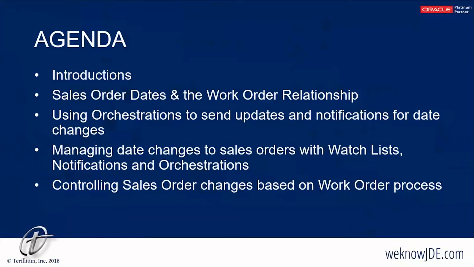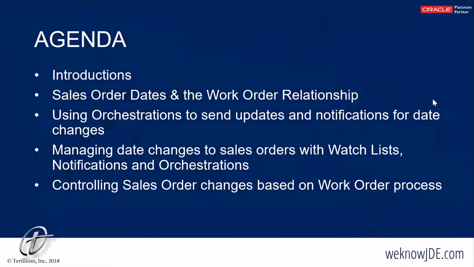So we're going to be focusing on using orchestrations and a little bit of using UX1 tools to look at how we can take some of the pain out of managing exceptions that occur when we're running into issues with producing work orders to meet the requested dates on sales orders.